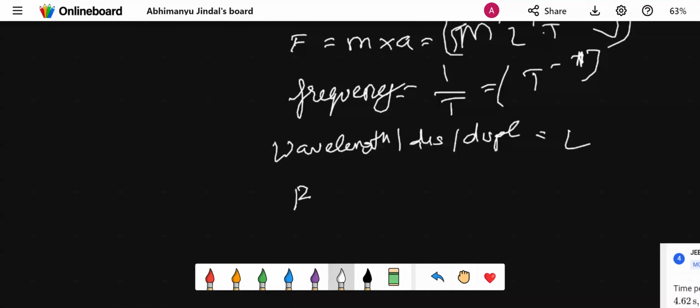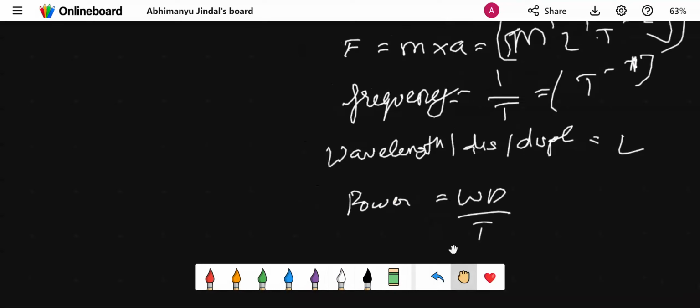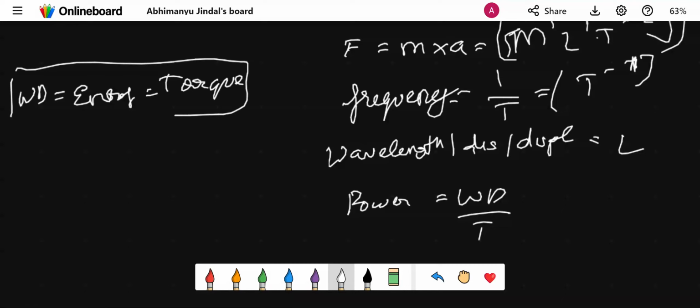Power is work done by time. Now one more thing: work done equals energy equals torque. So torque, work done, and energy all have the same dimensions. Work done can be broken down into force into displacement.